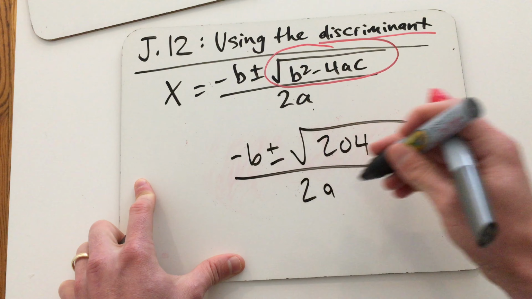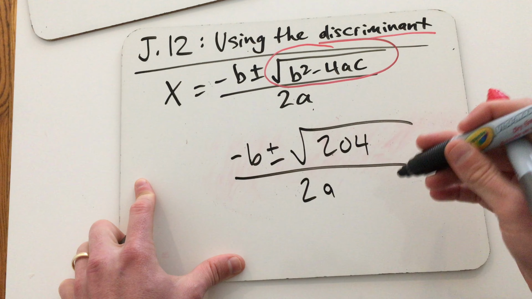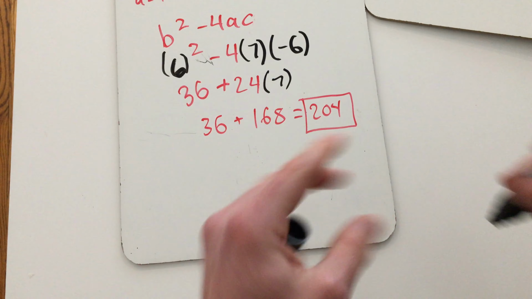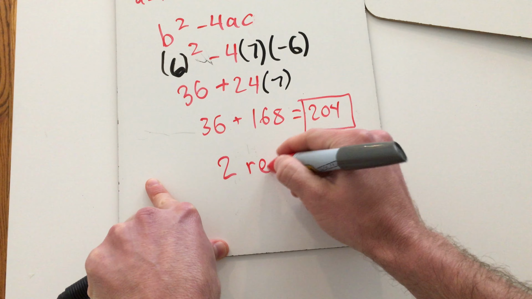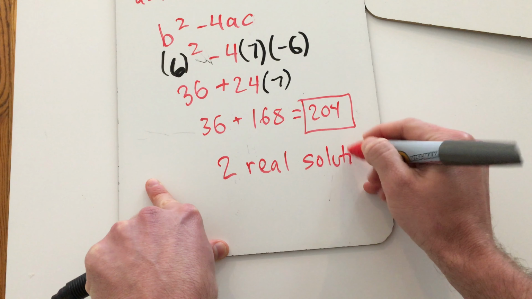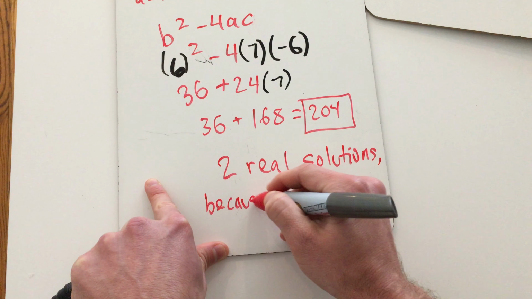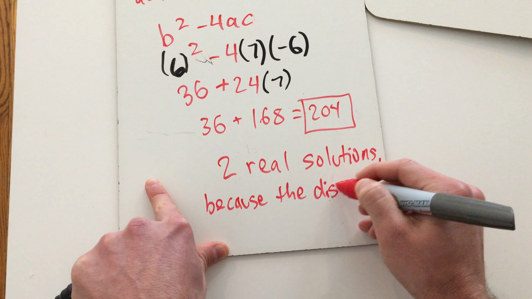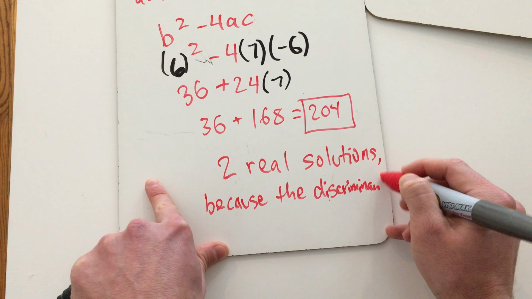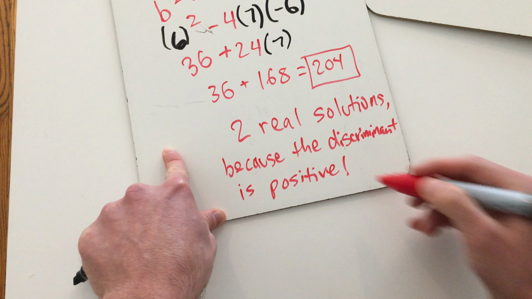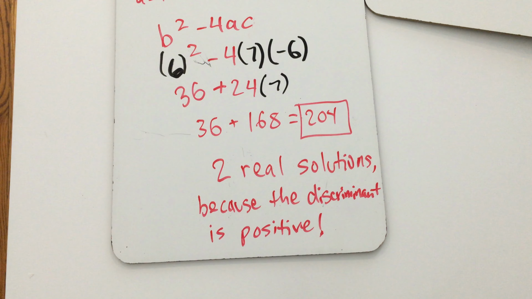So when the discriminant is positive, it tells us that it has two real solutions, because the discriminant is positive. So no matter what the number is, if you get a positive value, then you know that it has two real solutions. Let's look at a couple other examples.